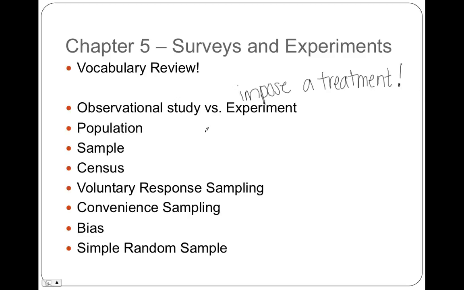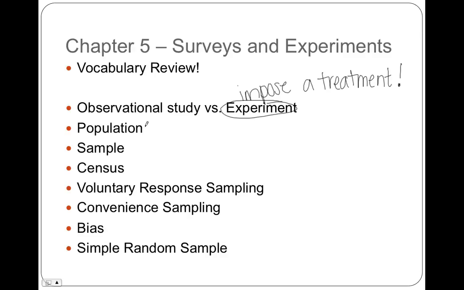So did I examine the difference between patients who are already taking Advil and patients who are already taking Motrin? Or did I assign some patients to take, I already forgot what two things I said, but did I assign an actual treatment? If so, then it's an experiment. If not, then we're dealing with an observational study.